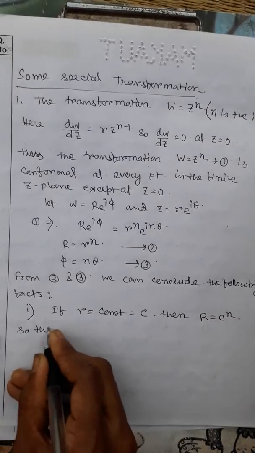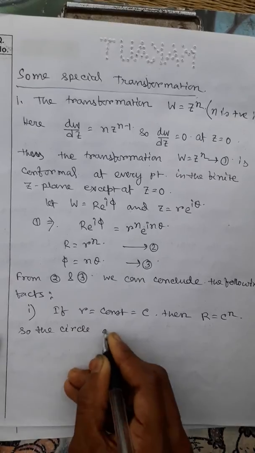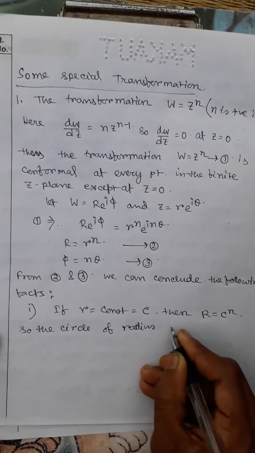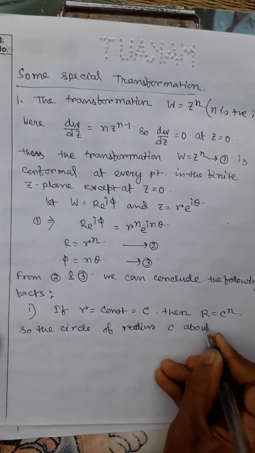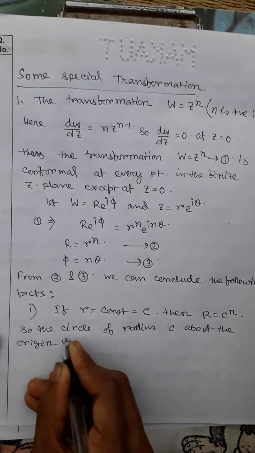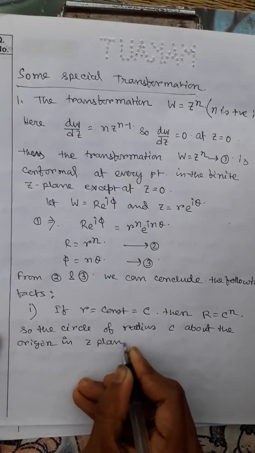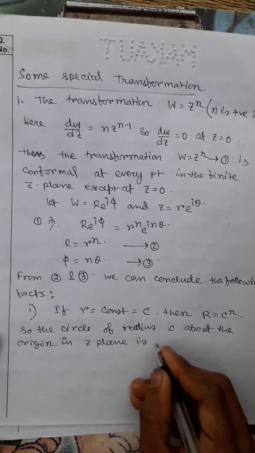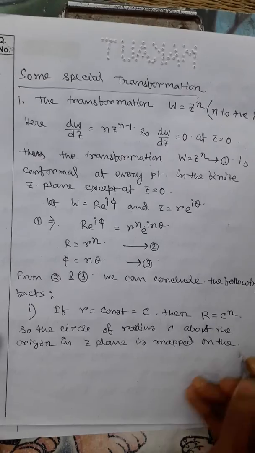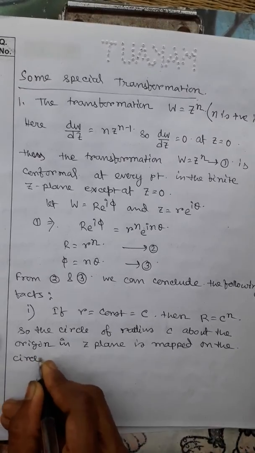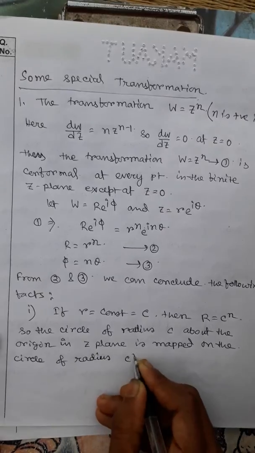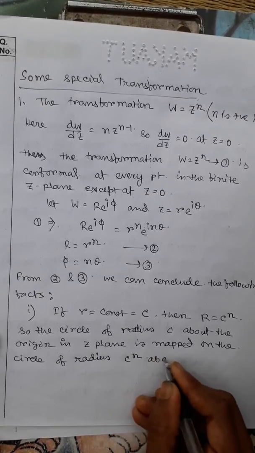So the circle of radius C about the origin in the z plane is mapped on the circle of radius C^n about the origin.